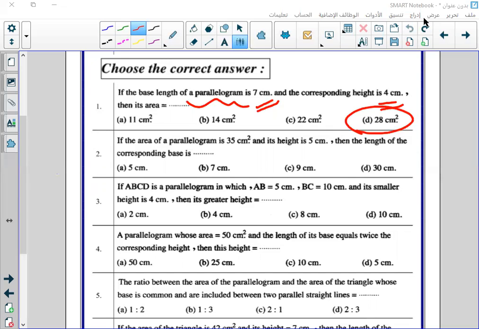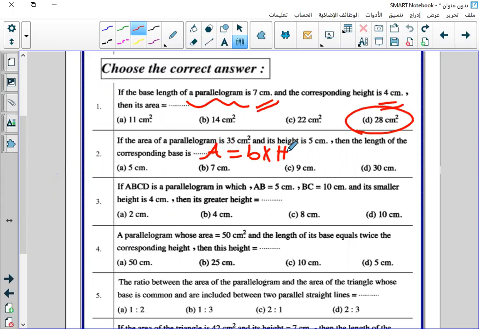Okay, we have the area and the height 5. So I will do 35 divided by 5 first. Yes. The area of the parallelogram equals base times the corresponding height.